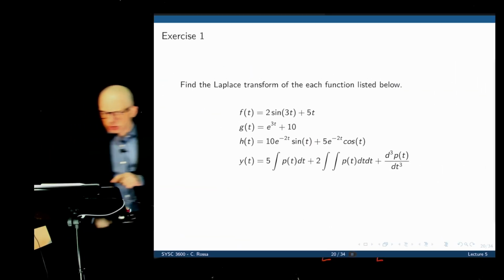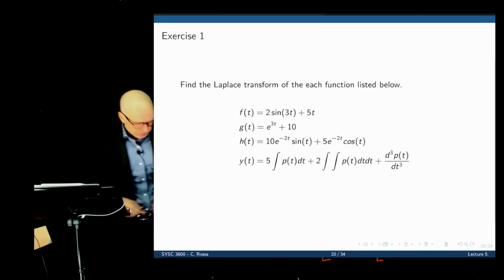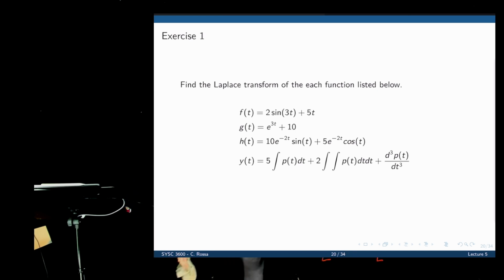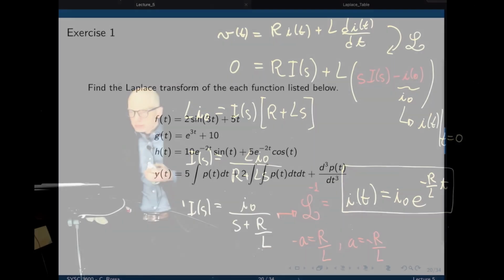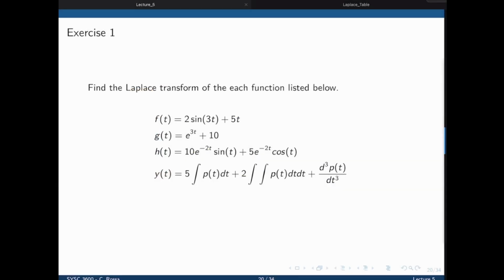Let's do exercise 1, and I'll try to fit as many exercises as we can here. So let me erase the light board, and in the meantime, I'll let you look at these functions, f, g, h, and y, and you want to take the forward Laplace transform of them. These are very simple functions because you'll find them in the table of Laplace transforms that I posted.